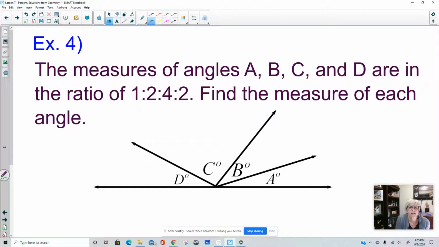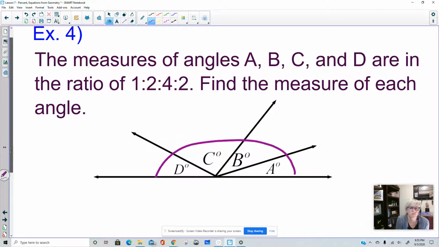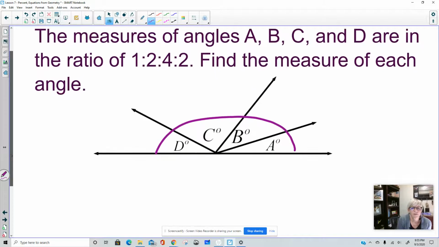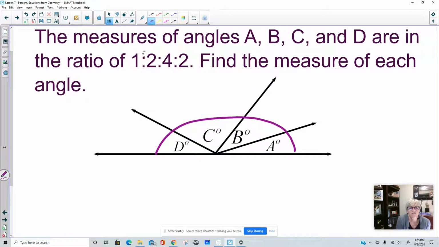Okay, the ratios are given in this order. So what I'm going to do is translate that in terms of ratios. By the way, it's going to be in the order given. So A, B, C, and D in the problem are in alphabetical order. Therefore, the ratio that's given is going to correspond in like manner.